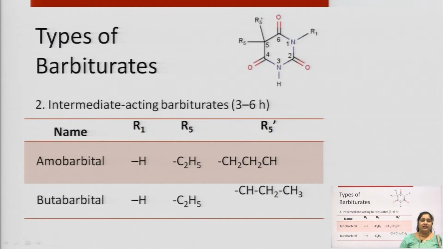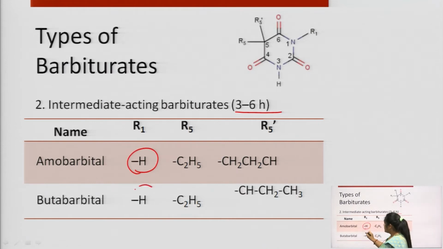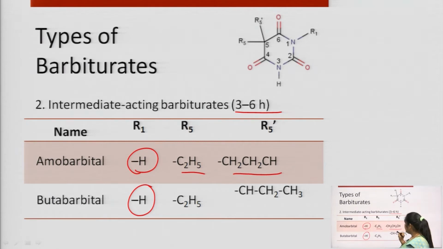Further, we have intermediate acting barbiturates, which have a duration of action of 3 hours to 6 hours. The examples are amobarbital and butabarbital. In amobarbital, again the nitrogen remains unsubstituted in both cases, but at position 5 we have 2 different substituents, in case of amobarbital as well as in case of butabarbital.